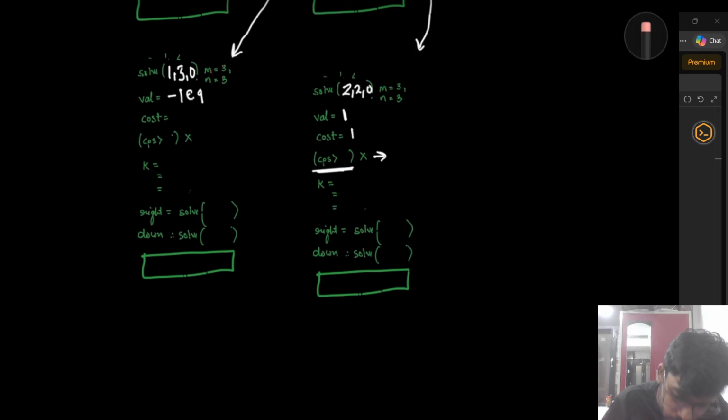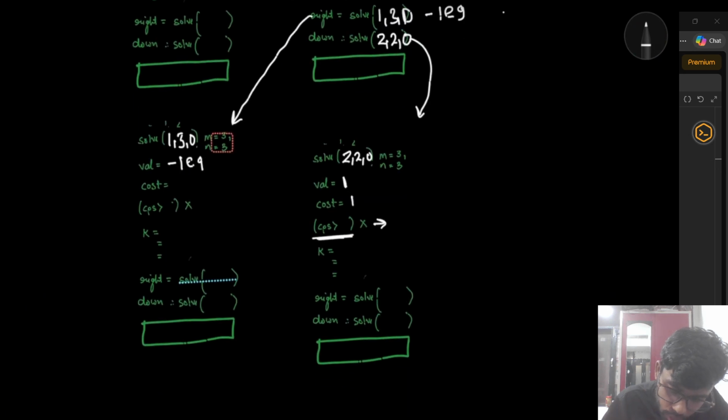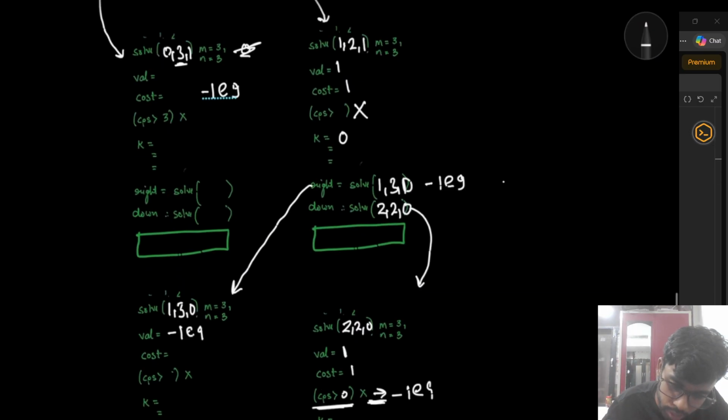This will not be 3, it is 0. Is the cost greater than 0? Yes, the cost is greater than 0. So this will return minus 1e9.